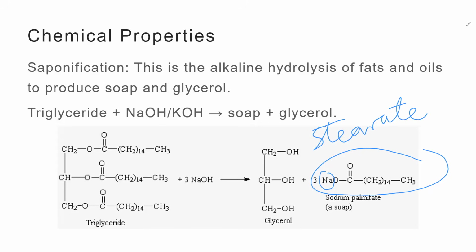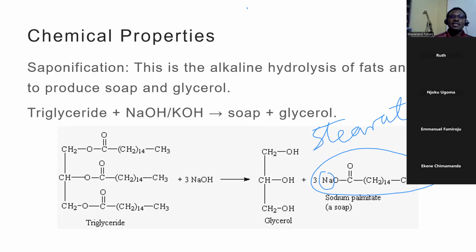That means the fatty acid that formed the fat is stearic acid. So when it gets hydrolyzed with sodium hydroxide, it forms glycerol and sodium stearate. But in this case, we are using palmitic acid. I hope that is clear to everyone. Is it clear to everyone?